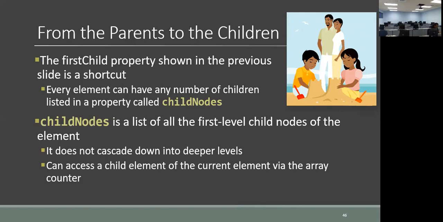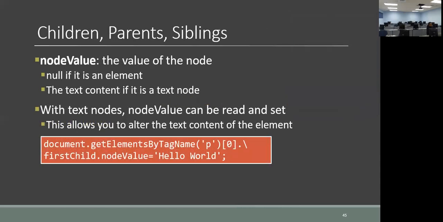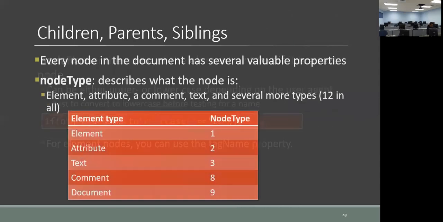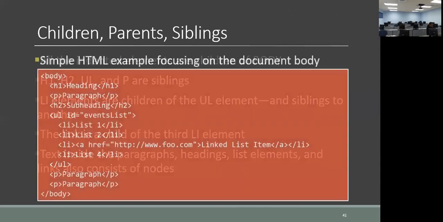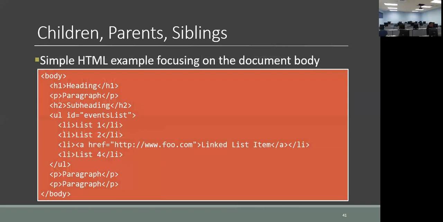If we wanted the child nodes of body, scooting back up to our HTML document, the child nodes of the body tag will just be the H1, P, H2, UL, and the two remaining paragraph elements. The child nodes will not pick up the LI nodes. It's just the immediate children.